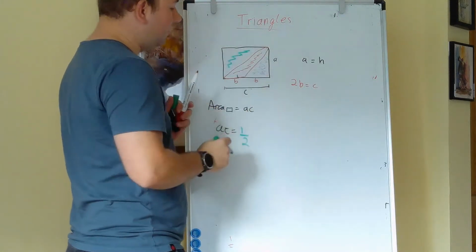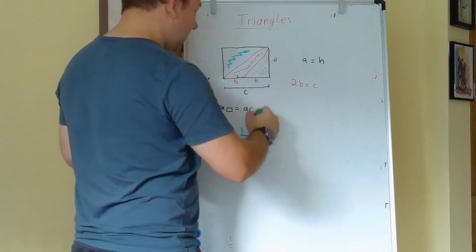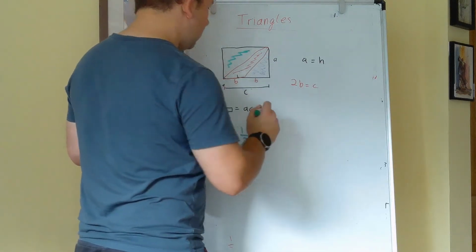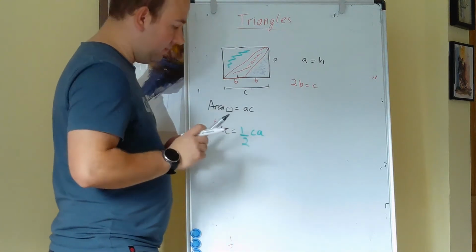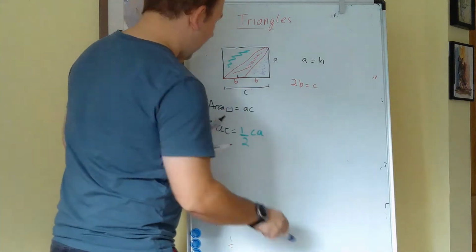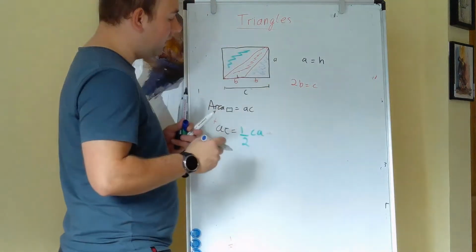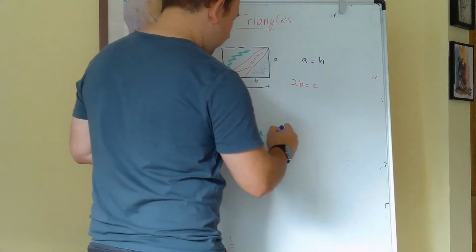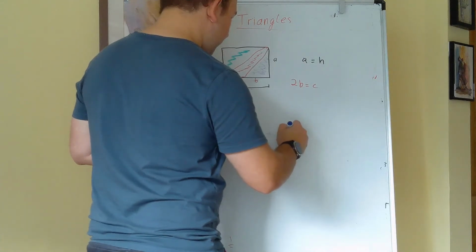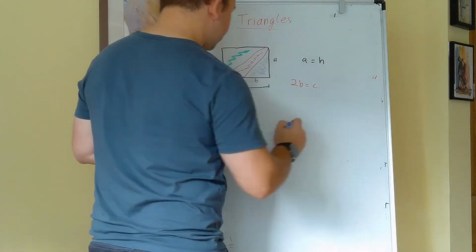I'm just going to flip it over. So it's half C multiplied by the height, which is A. This is going to be added to the area of the blue triangle, which is half the base, which is B, multiplied by A.